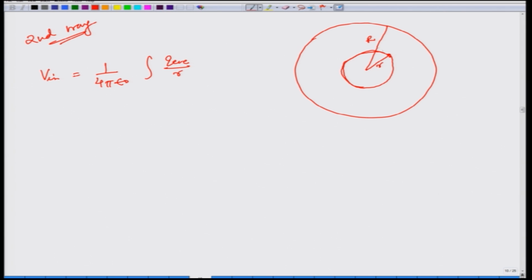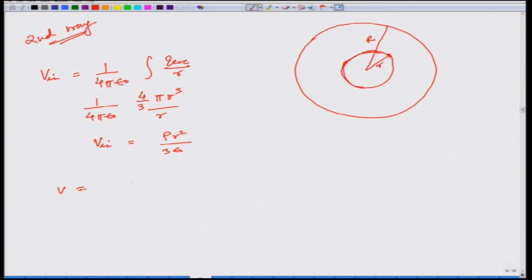We have to find the q enclosed for the inner sphere, and if the charge density per unit volume is rho, q enclosed is 4 by 3 pi r cube rho, and I get V in is rho r square by 3 epsilon naught. So this is the potential due to the inner sphere. Now for the outer spherical shell, what is the potential? That is also very obvious.